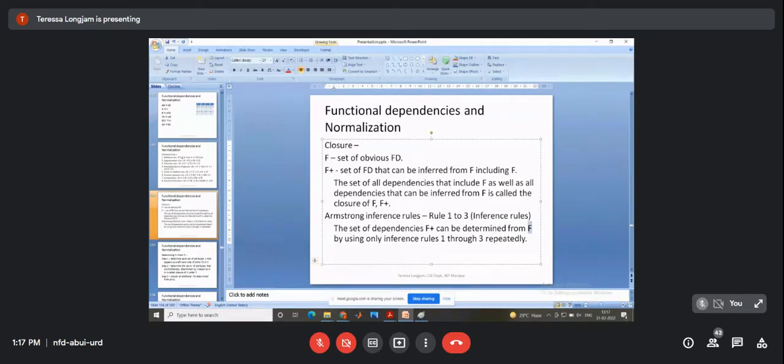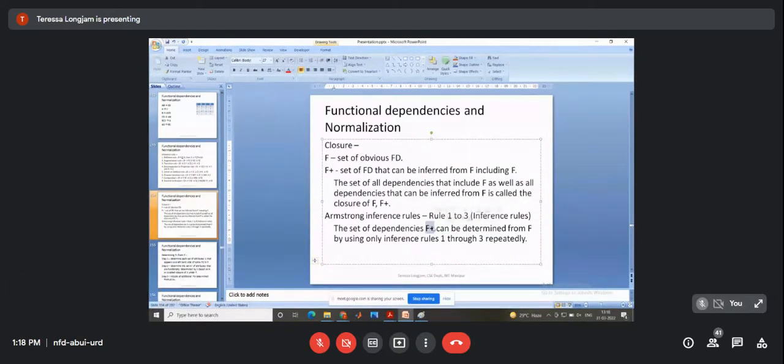So this is one way of finding closure. Closure is very important, so listen carefully. When you are given a set of functional dependencies F, and you are asked to find F plus, the closure of F, then you can use rules 1 to 3 to determine your F plus.